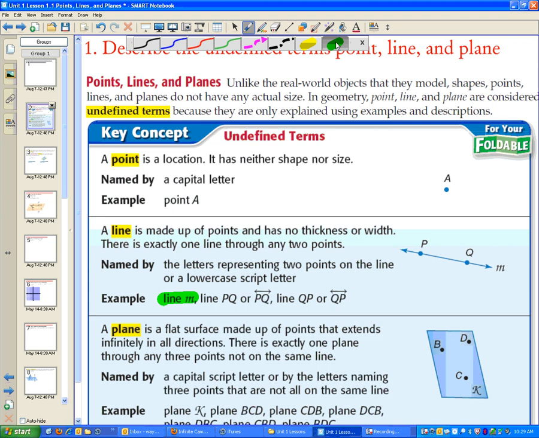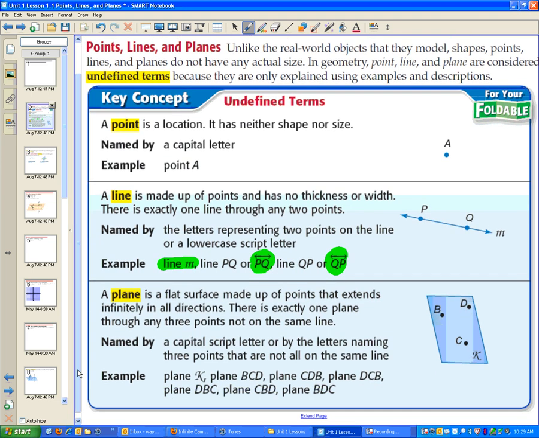So in other words, P and Q are the 2 points we know. Call it line PQ. Look at the notation. It's a P and a Q with a little line symbol above it. Order doesn't matter. So calling it line QP is just as valid as calling it line PQ. Now, you do have to put the little line symbol above it.